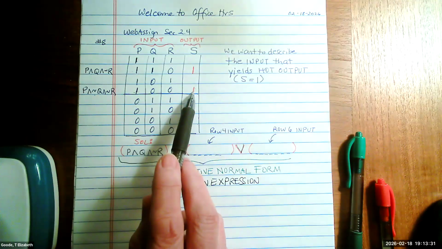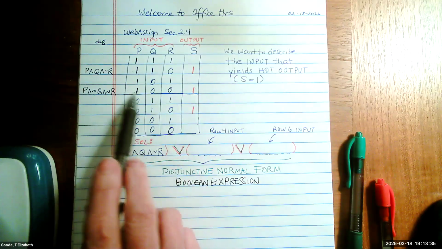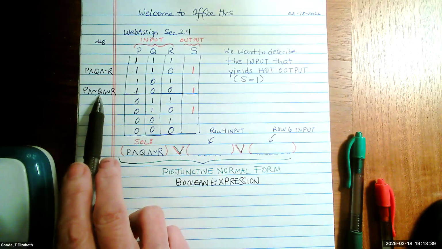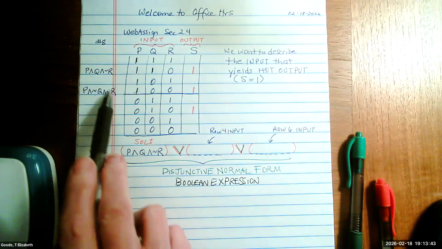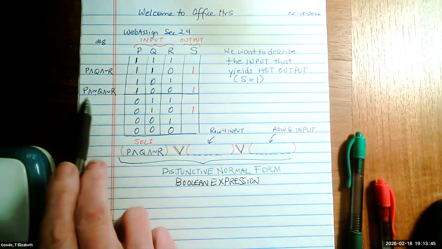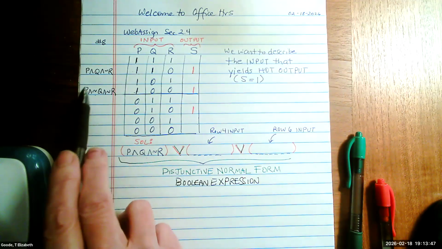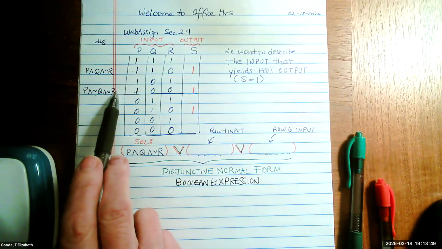Row 4 has S equals 1, and the description of the input for row 4 is P and not Q, because Q is 0, and not R. Notice that these are ANDed together. We're using AND across the row.